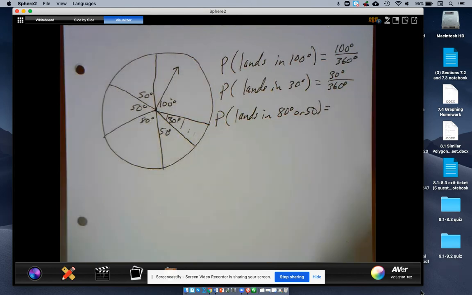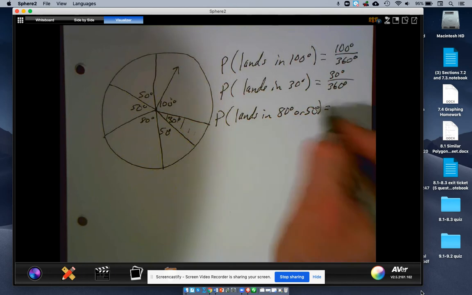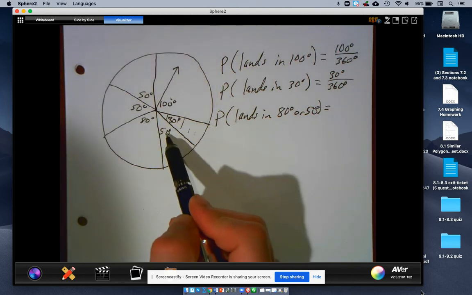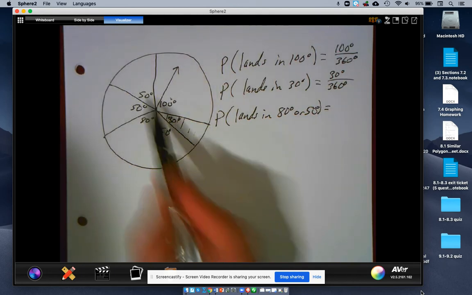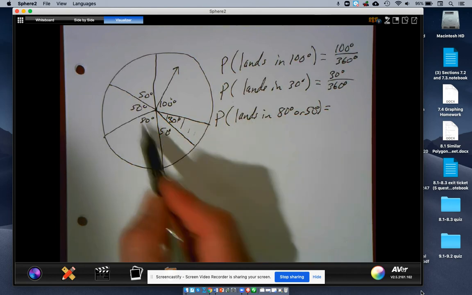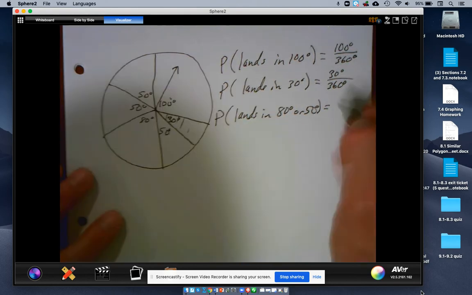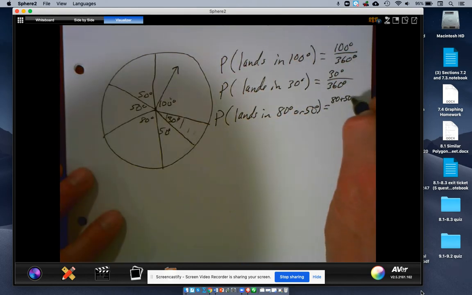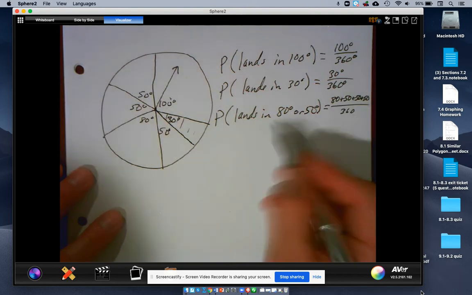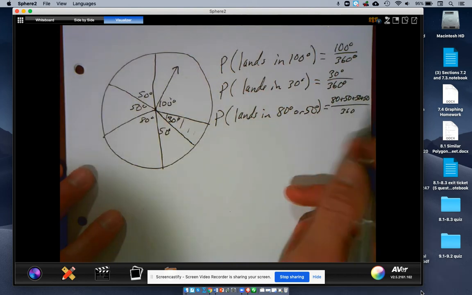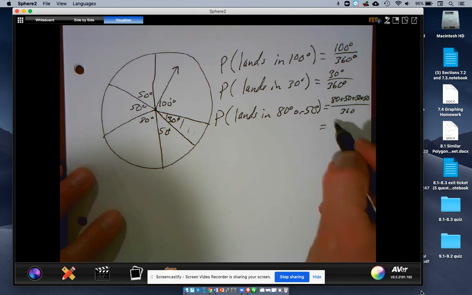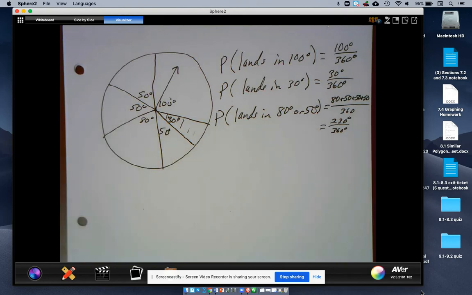It could land here, or here, or here, or here. So notice the 80 or 50, I have 50s, 3 of them, and 80. So I'm going to go 80 plus 50 plus 50 plus 50 divided by 360 because it was 80 or 50. And since there's 3 of them, you've got to add them all. So that would be 150, 230 out of 360. And again, you don't have to reduce those. They're completely fine as is.